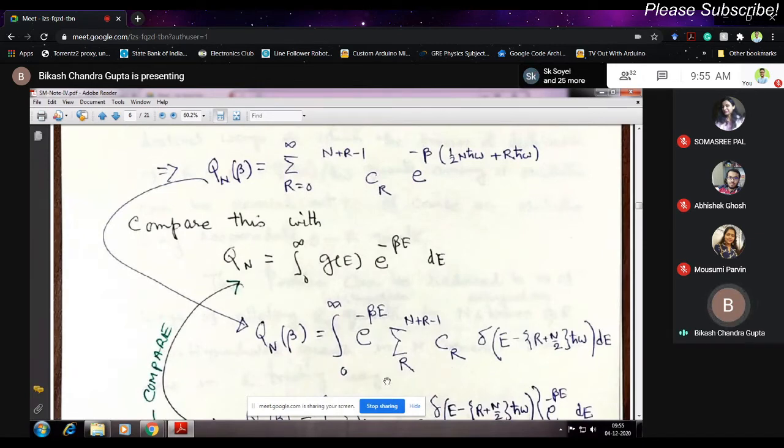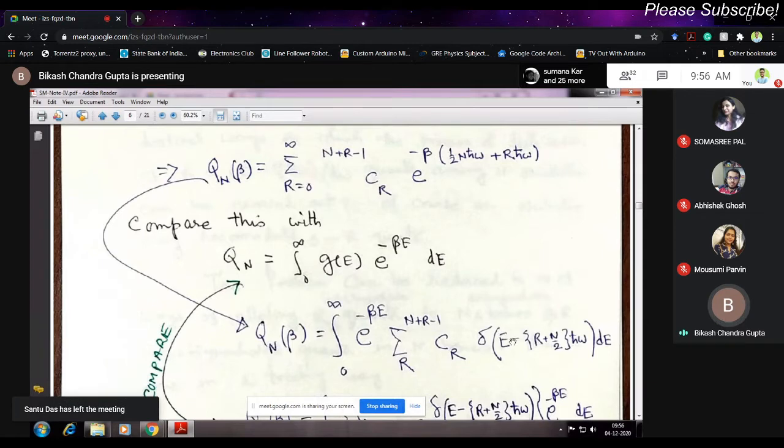Now you see that what is happening here is that this and this are the same. If you have the integration of f of x delta of x minus x naught dx, it is f of x naught, right?